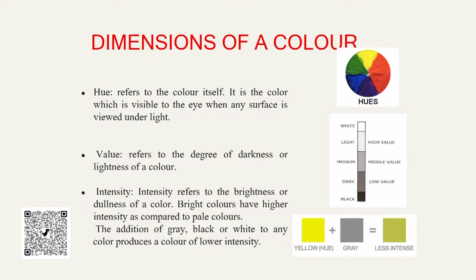Value, on the other hand, refers to the degree of darkness or lightness of the color. Here other colors are being added, like white or black is added in value. And intensity is the brightness or dullness of color.